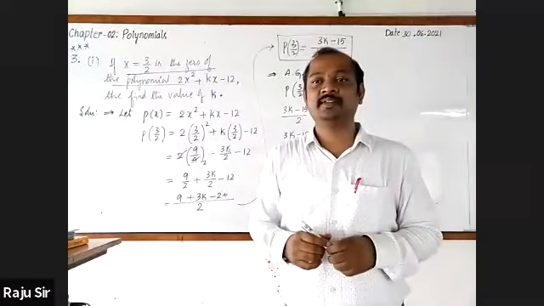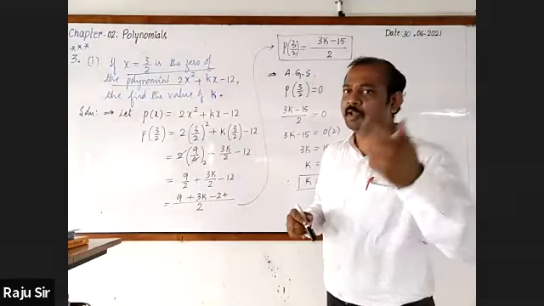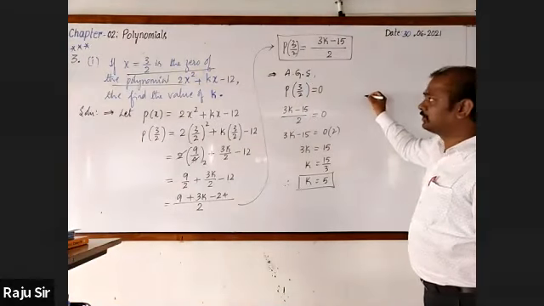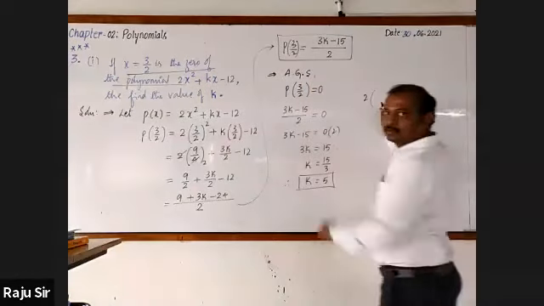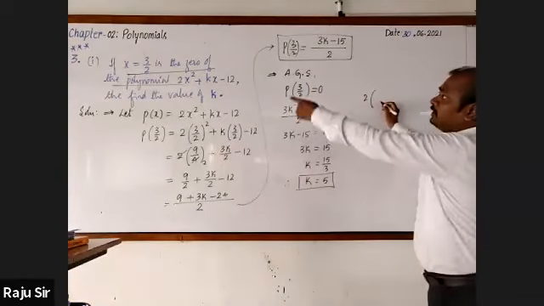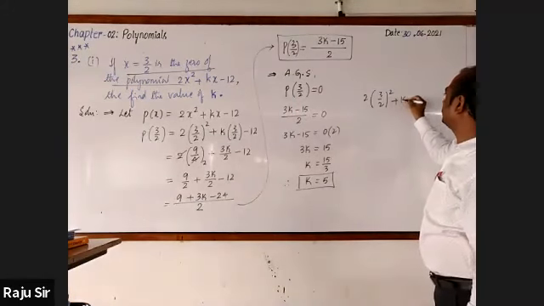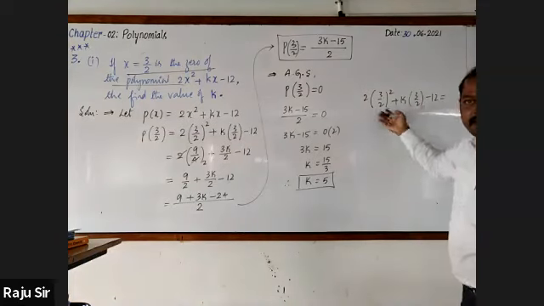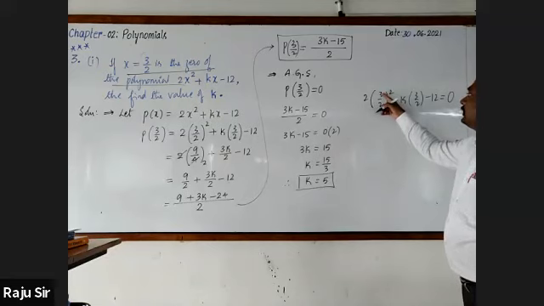I'll tell you a simple way. They have given 3 by 2 is the zero of the given polynomial. When you write for 1 mark, directly it is okay: 2 into, now 2x squared plus kx minus 12 is there, 2 into, where x they have given 3 by 2 whole squared, plus k into 3 by 2 minus 12. As it is a zero, it will be equal to 0. Then this is 3 squared, 9.